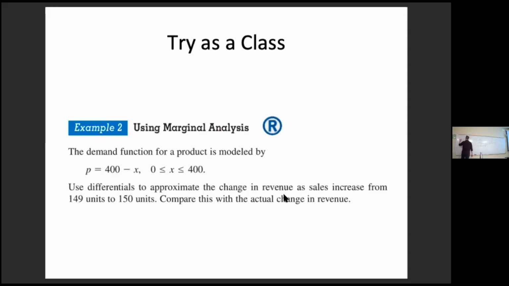And then we were going to find things like the change in revenue, dy, or in this case, dr, delta r, I mean to say.